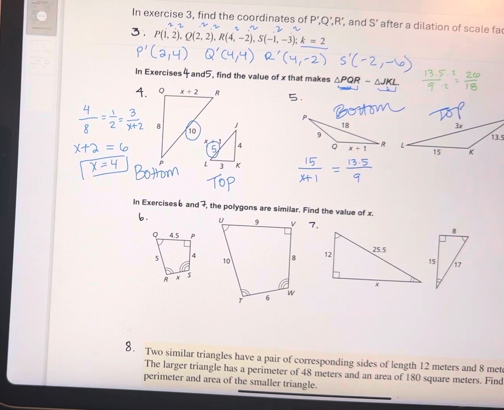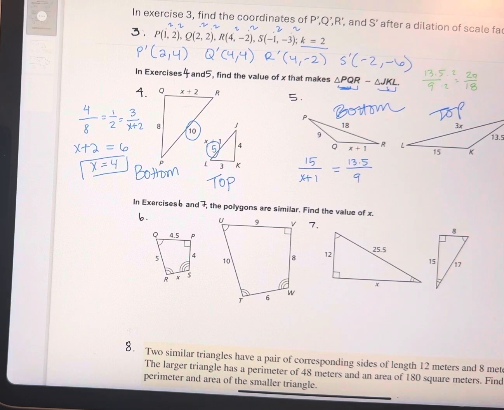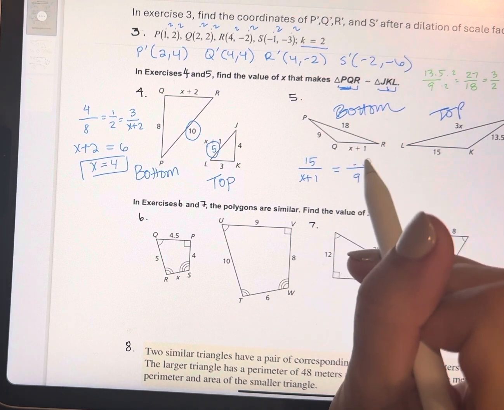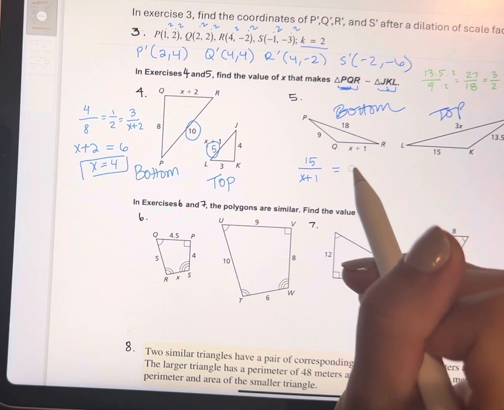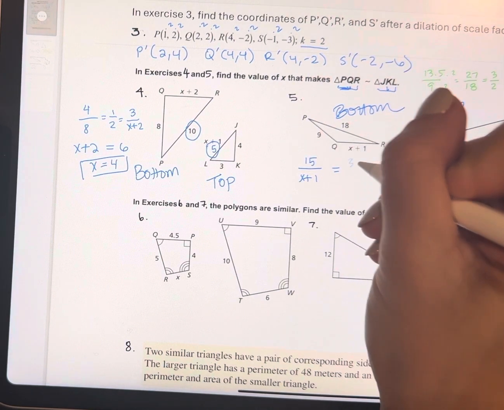Oh, no, that's not 26 over 18. That's 27 over 18. Oh my gosh. And now I can reduce this by dividing top and bottom by 9. And that's 3 over 2. So actually, this is 3 over 2. Oh, no.